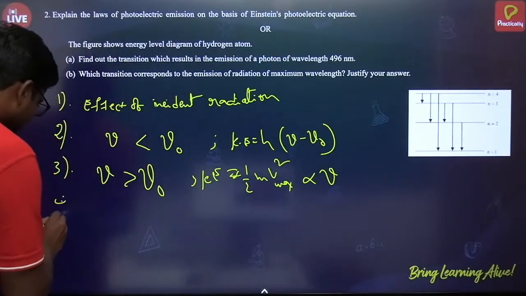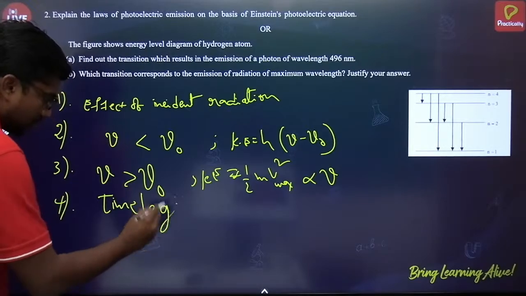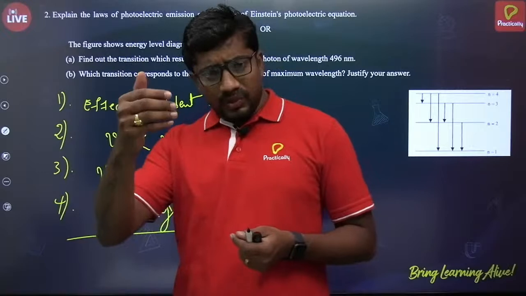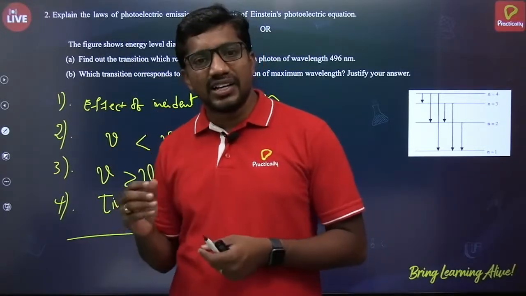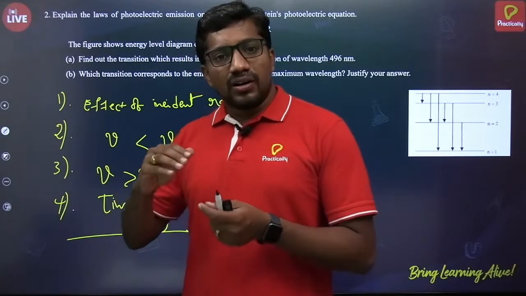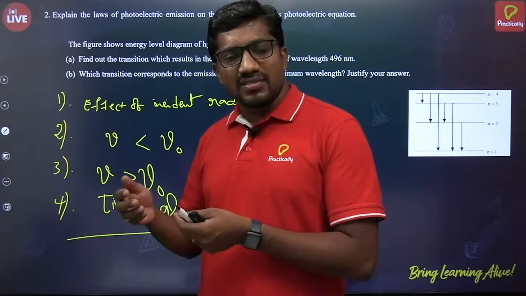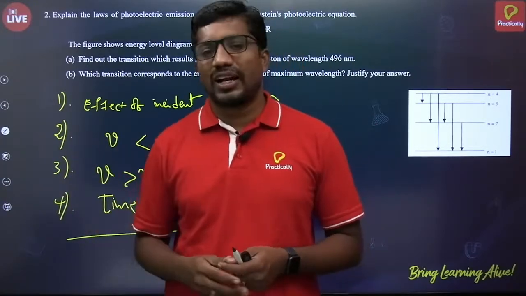Next one, about time lag. What is this time lag? When a photon is incident on the photosensitive plate, part of its energy is utilized to liberate the electron, and the other part imparts kinetic energy to that photoelectron, right?